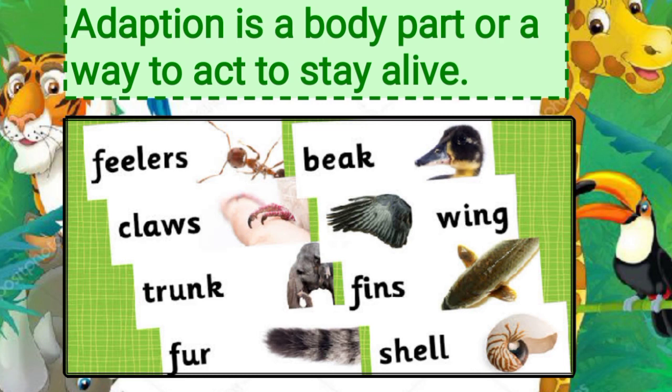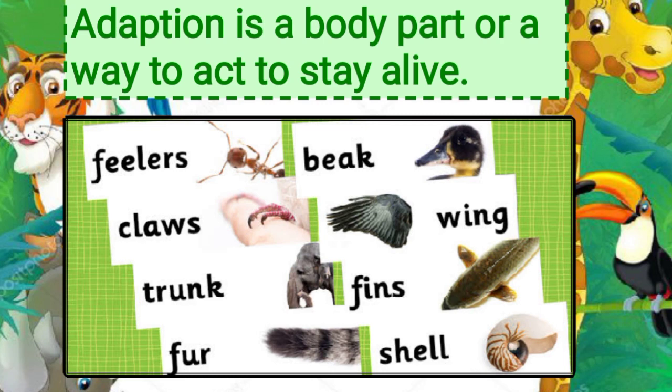And these physical features are called physical adaptation. Living things are adapted to the habitat they live in. This is because they have special features that help them to survive. They make it possible for the animal to live in a particular way.